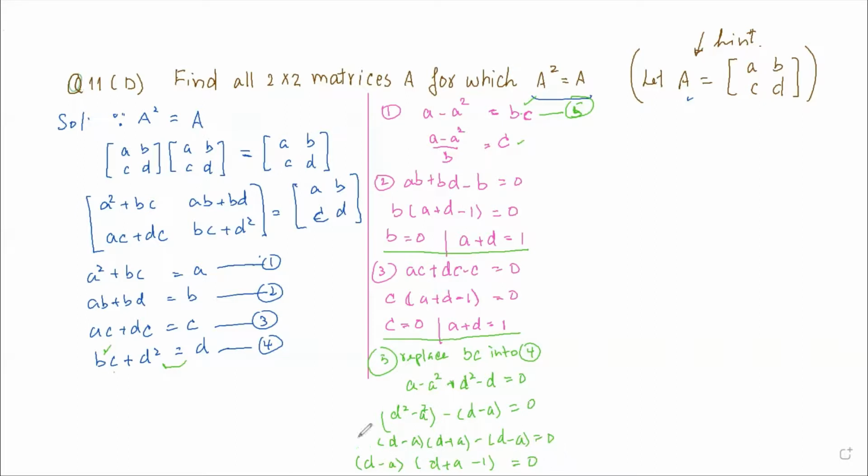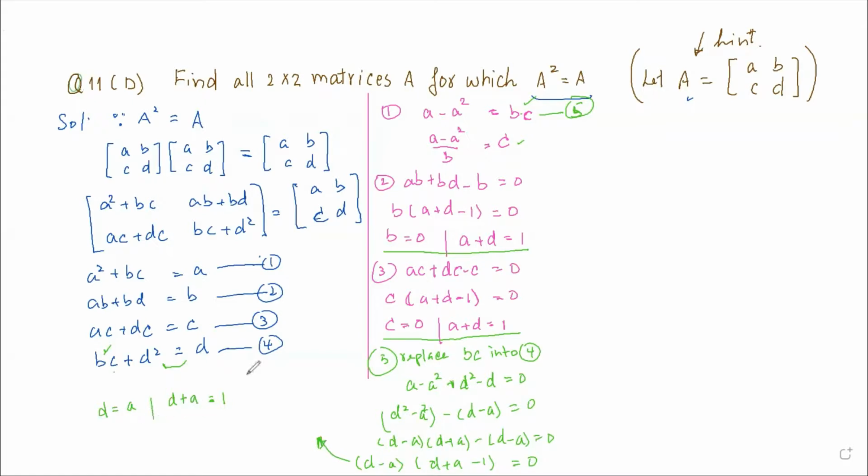Okay, so from this one, we have two brackets, right? So D minus A equal to 0 and D plus A minus 1 equal to 0. So that means I have D equal to A, right? And this side becomes D plus A equal to 1.